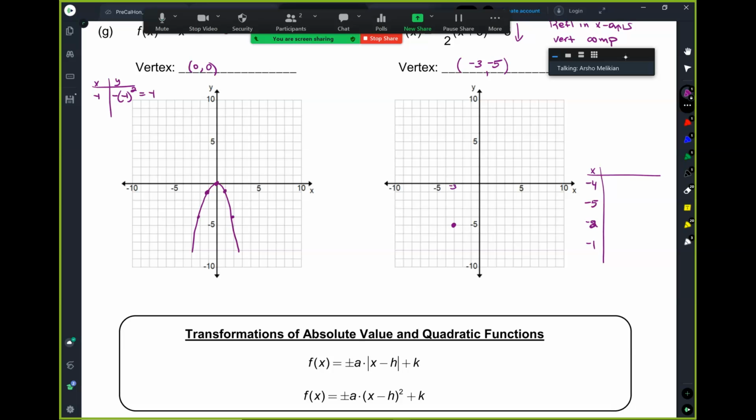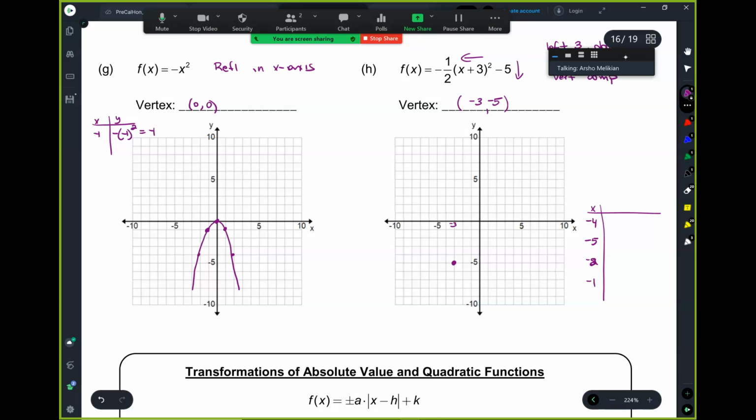All right? Okay, so when we plug those in, you got to be quick about it, right? You shouldn't spend too much time on this one. So if it's -4, when you plug it into the parentheses, that's going to be -1/2 times how much? 1? -1 squared, right? -5. Okay, so how much is that? -5.5, yes?